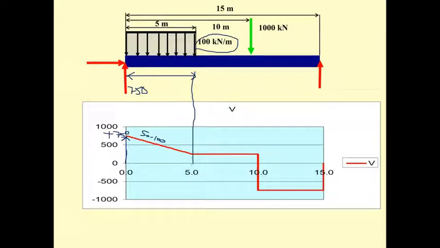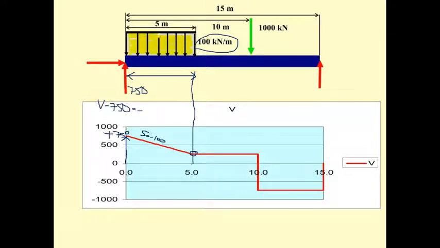Okay, it's going to be minus 100, and then minus 100 until you arrive at this point. And what's the value of the shear at this point? So the shear here is going to be the shear before, 750, minus the area here.